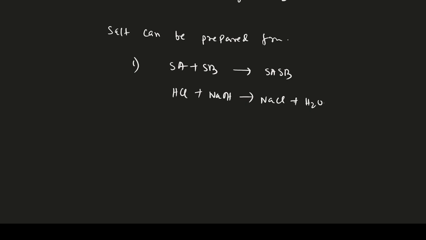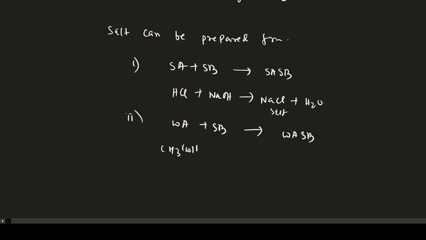This is the salt. In another case, a salt can be prepared from a weak acid plus a strong base, which gives a weak acid, strong base salt. For example, CH3COOH plus NaOH gives CH3COONa salt plus water.